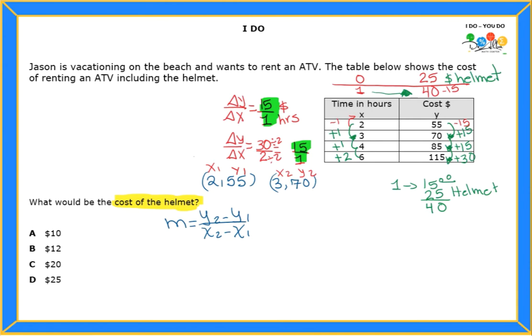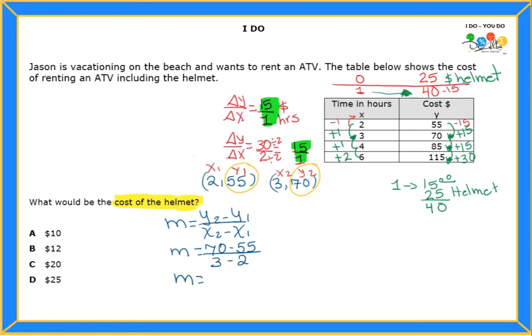So what's the number that I'm going to circle? I'm going to circle the y values, because remember, those are the values that will go on my numerator. So here's the thing. Y sub 2 is a 70 minus 55 over 3 minus 2.